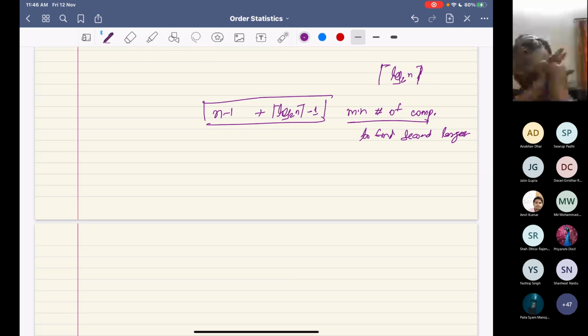So what you are saying is, maybe there is another way by which I can find the second best in less than this. How do we show this is the minimum?